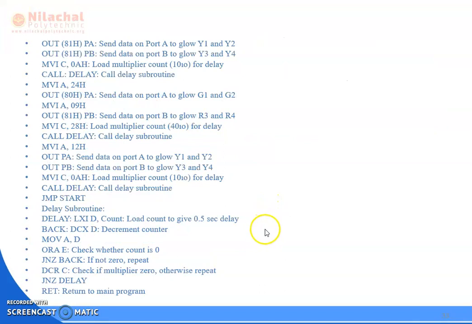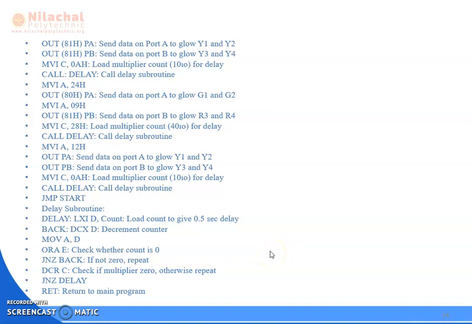Next OUT 80H, send the data on port A to glow Y1 and Y2. OUT 81H for port B, that means send the data on port B to glow Y3 and Y4. Next MVI C, 0AH, load the multiplier count 10 for delay. Next CALL DELAY. Next MVI A, 24H, then OUT 80H for port A, send the data on port A to glow G1 and G2.